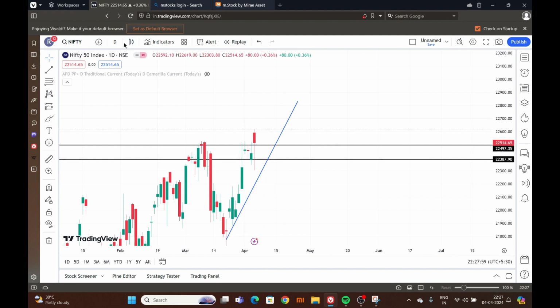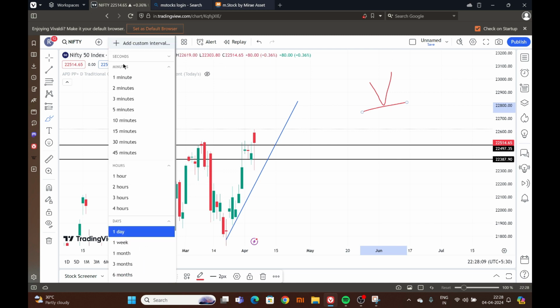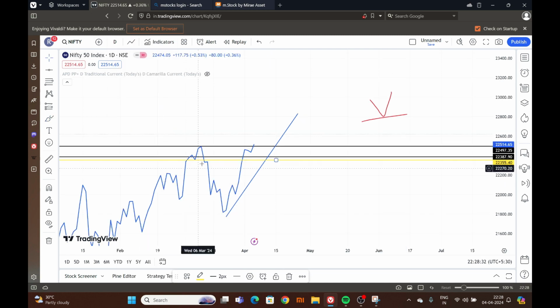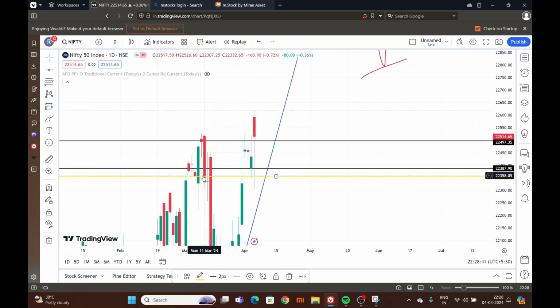As I said in my previous video, we will identify the V for the support. It's a high H&S pattern, right? So we draw a support.